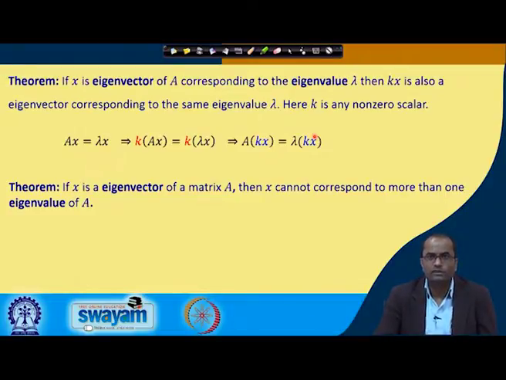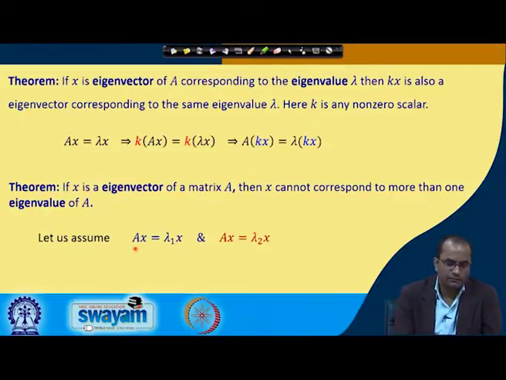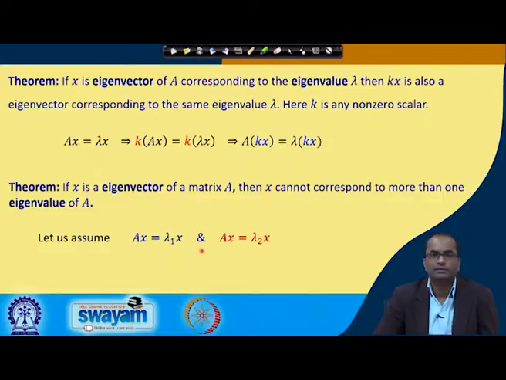Here we assume that for a given matrix we have Ax is equal to lambda 1 x, and we also assume that Ax is equal to lambda 2 x, meaning we have assumed that the eigenvector x corresponds to two eigenvalues, lambda 1 and lambda 2. This is our assumption, and we will now see that this is not possible.